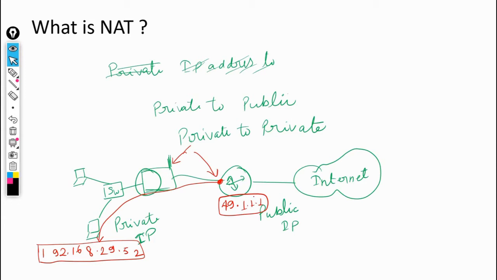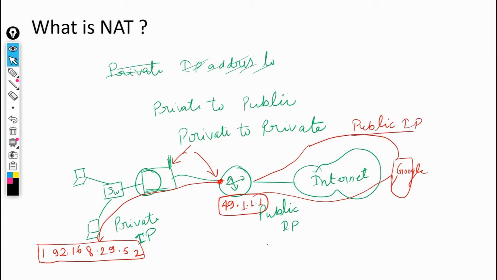And using this IP, it will go to, let's say, a Google server. Now Google will reply back on which address? This 49.1.1.1, because this is the public IP.